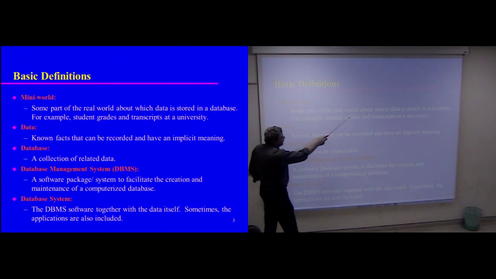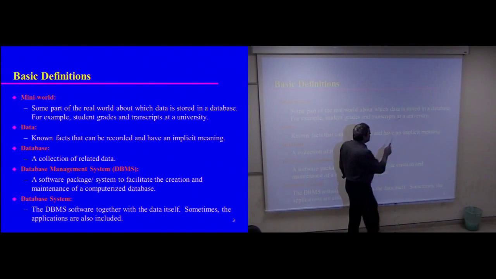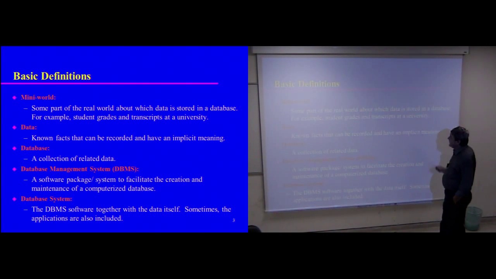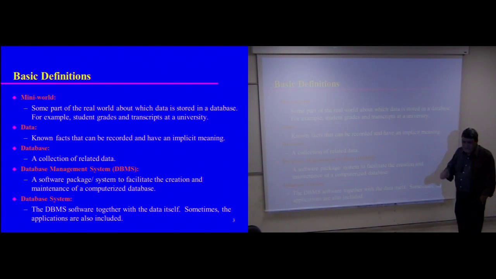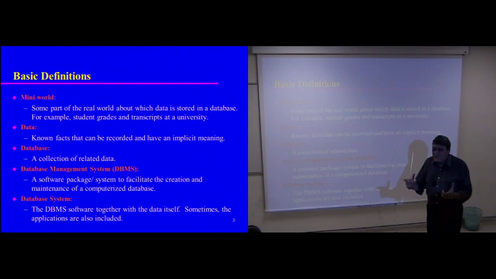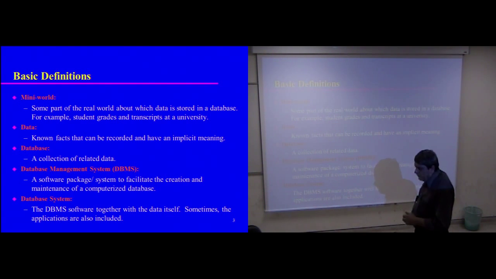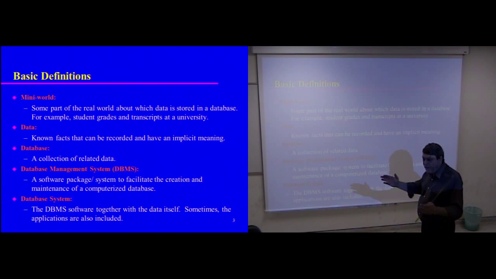Some part of the real world about which data is stored in a database, and here are some examples. ODIS, for example, what's the miniworld for ODIS? The academic operation in the university, for example. What is the customer support in a banking application?